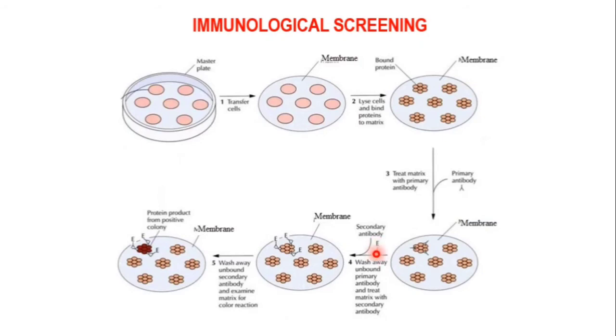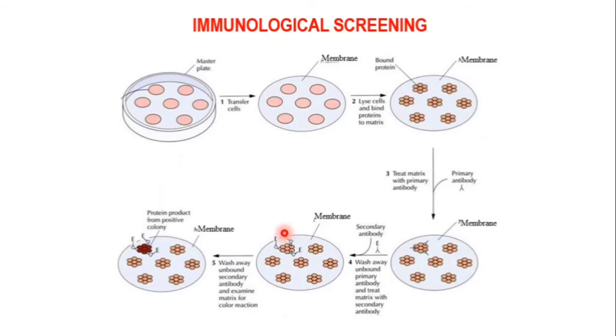When this secondary antibody is added to the nitrocellulose membrane, it will bind with the primary antibody present over here. Then we'll wash the nitrocellulose membrane, and the unbound secondary antibody will be removed.